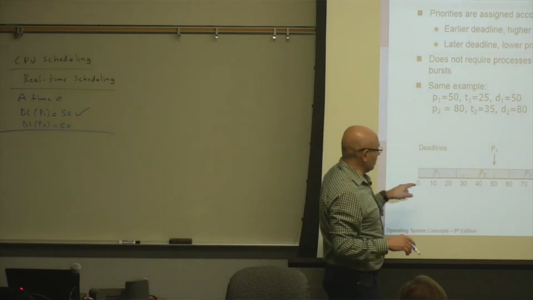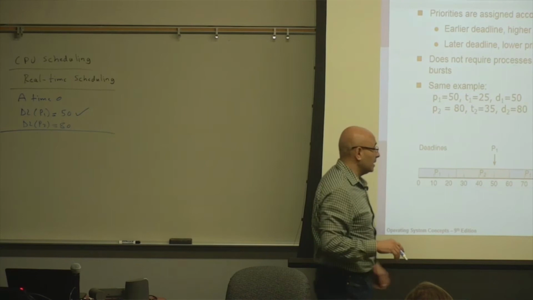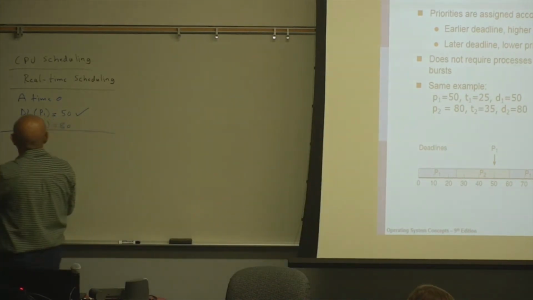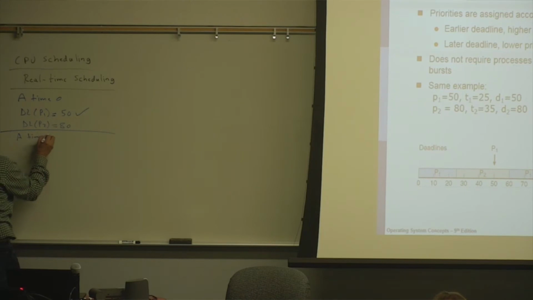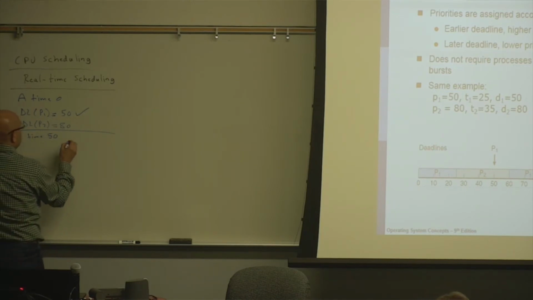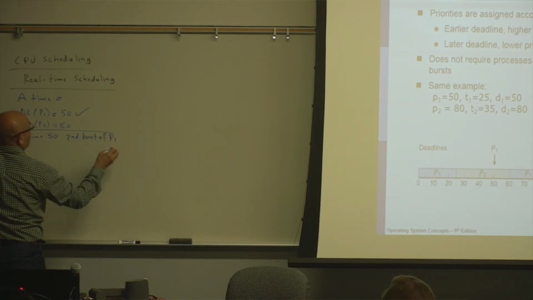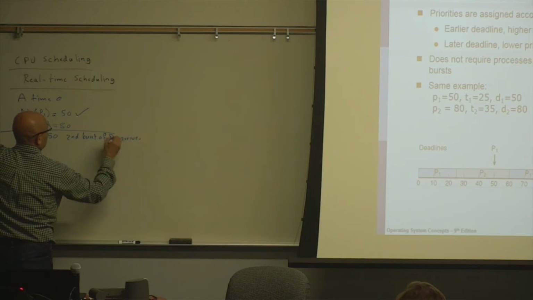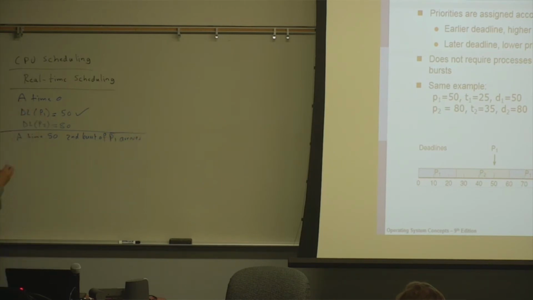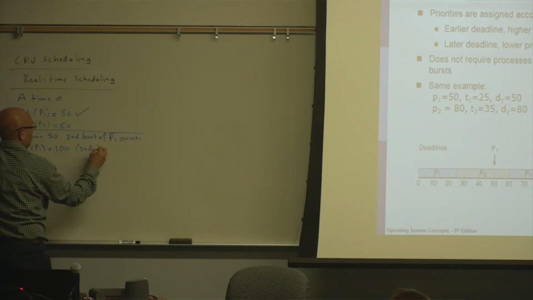Well, the next decision will not have to be made until time 50. At time 50, because there is a new arrival, the second burst of P1 arrives. With the second burst of P1 arriving, what's the deadline of P1 now? It's the deadline of the second burst. So that's 100.